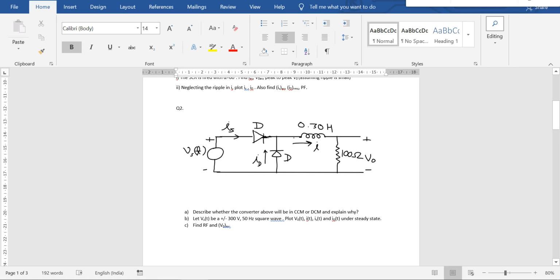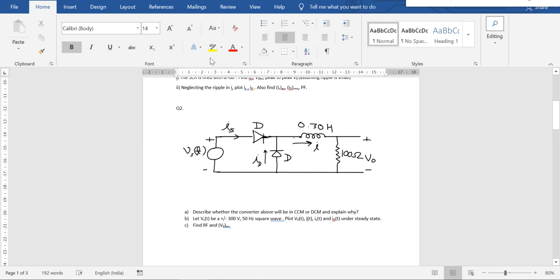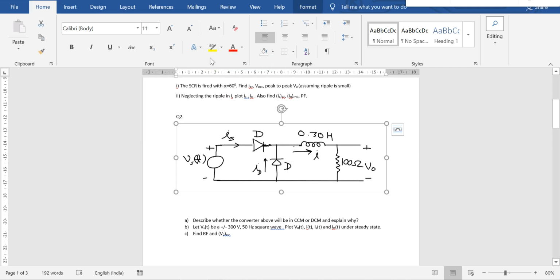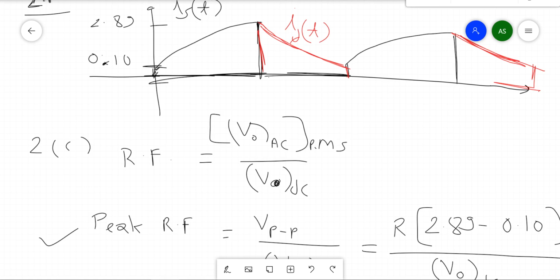Okay, so the remaining part is the V naught average. V naught average we have already calculated as 150 volt, because again the same argument is there. V naught DC we already calculated, if you have seen here.